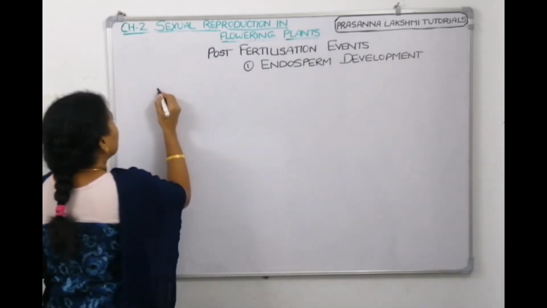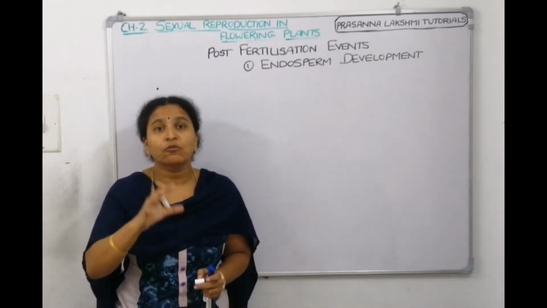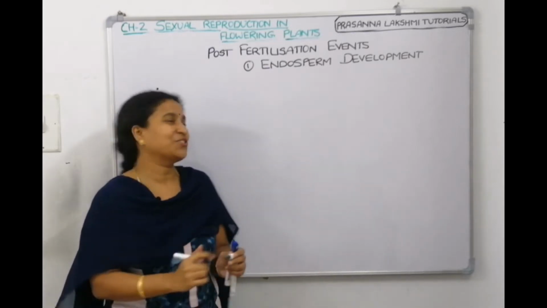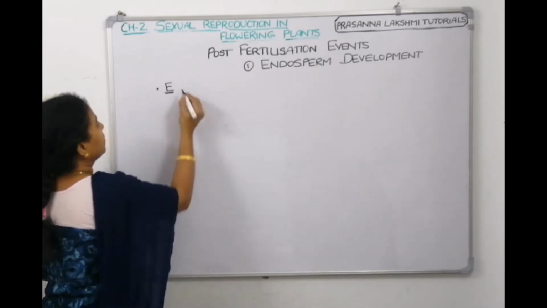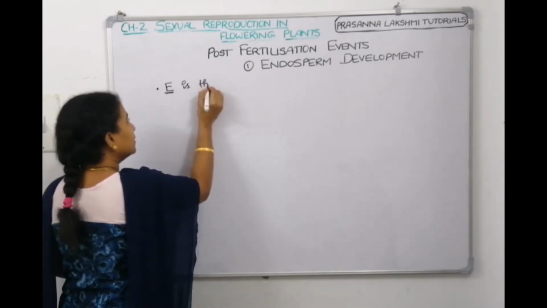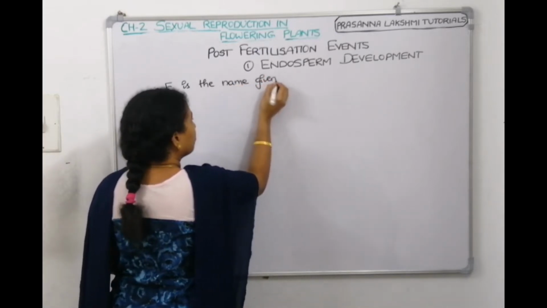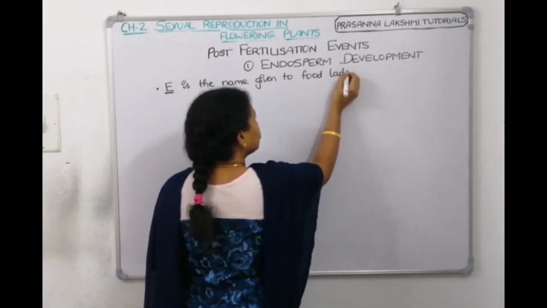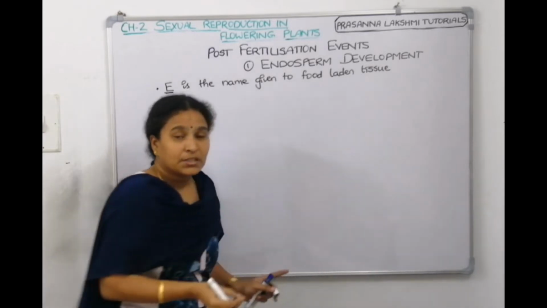Endosperm is the name given to a food laden tissue, food depositing tissue, food storing tissue. If I write E, that is endosperm. Endosperm is the name given to food laden tissue, or we can tell it as food deposited tissue.